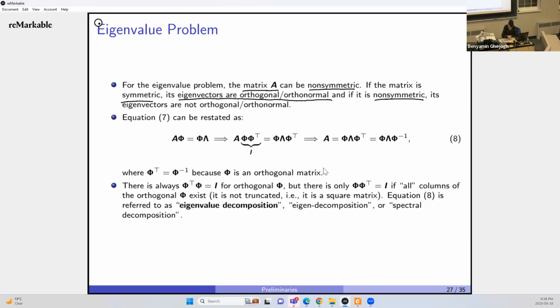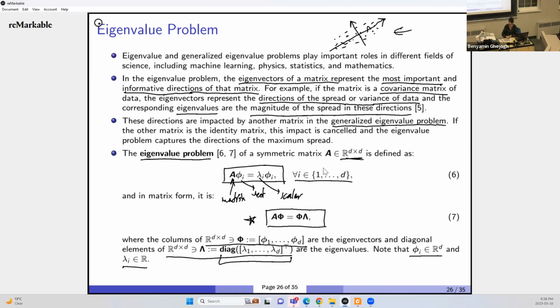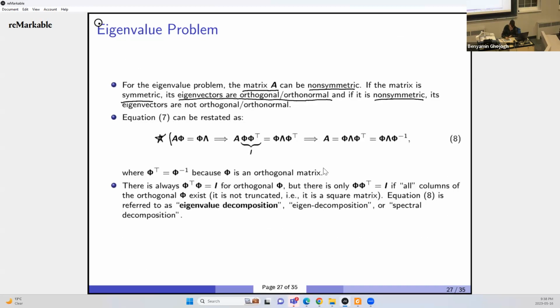Equation 7, you remember this was the eigenvalue problem, right? Right multiply both sides by phi transpose, because the direction of multiplication in matrices is important. Phi phi transpose becomes I because it's an orthogonal matrix. This is a property of orthogonal matrices.